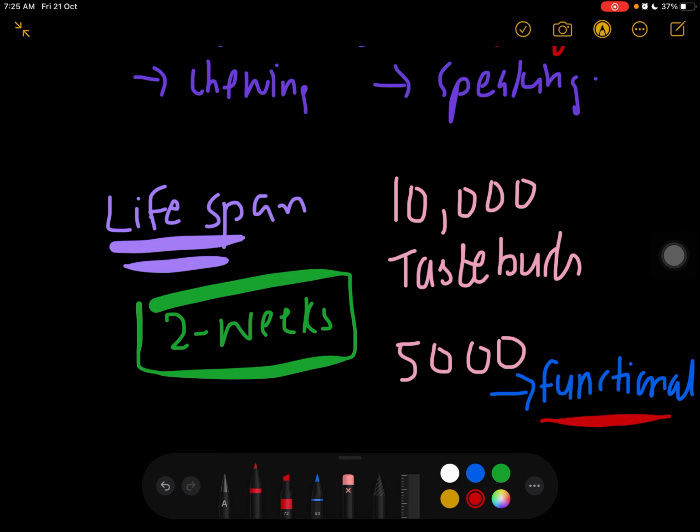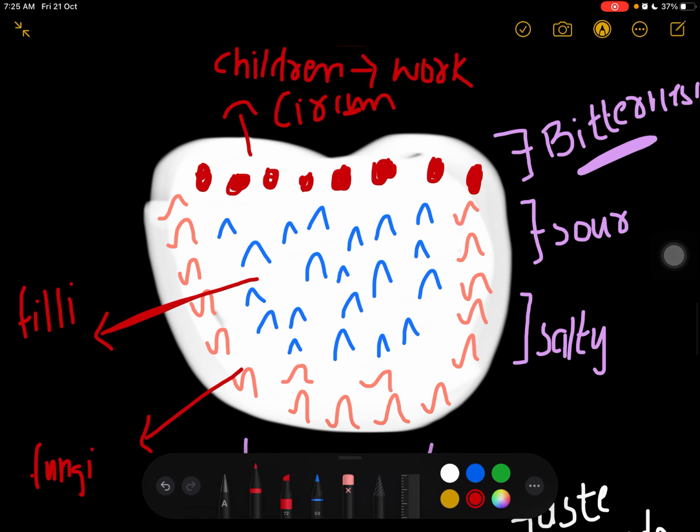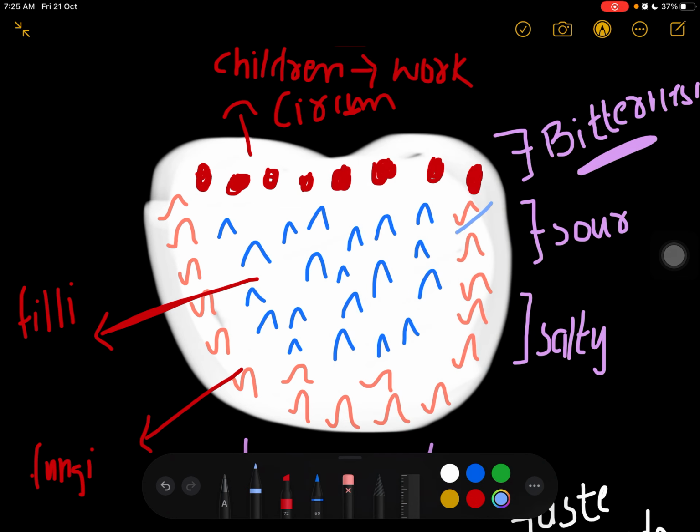You will say, why only 5,000 are functional? Because as I said, foliate are vestigial, but obviously they are present, but they won't work. They are present over here actually. So 10,000 are in total, but only 5,000 will function.